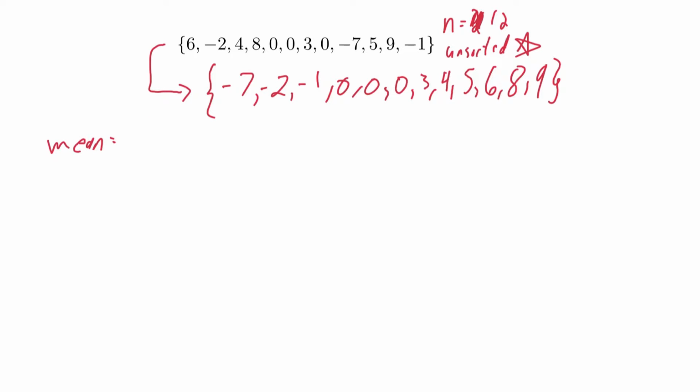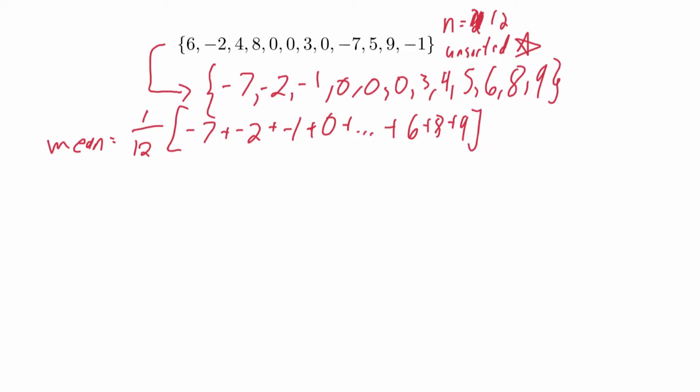The mean is 1 divided by 12 times the sum of everything. So I continue up to the end. These 3 dots in the middle are ellipses, and it's just to indicate that I'm going to continue the process.